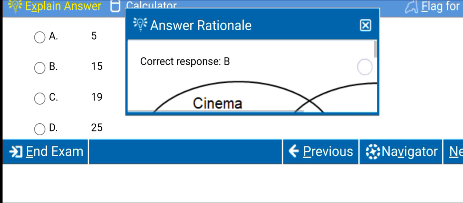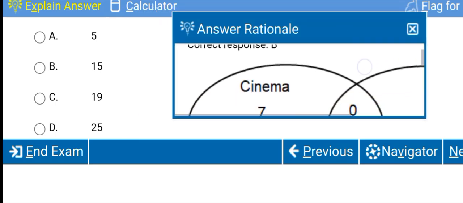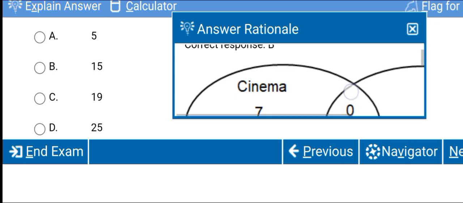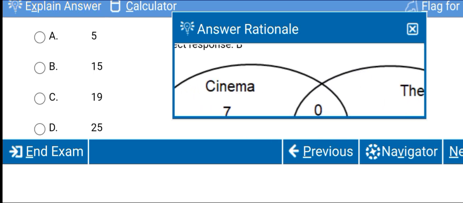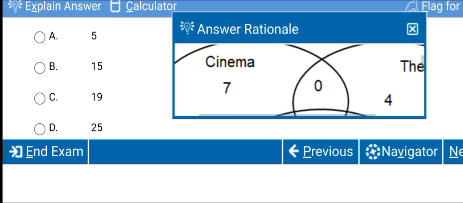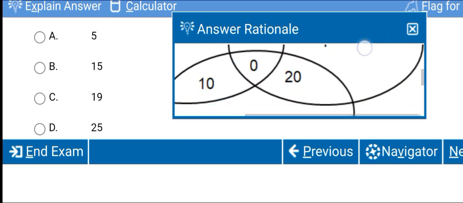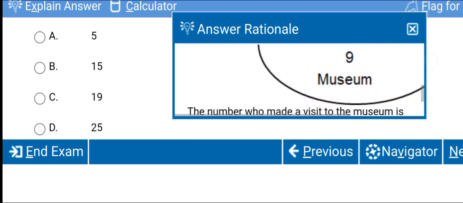So the correct response is option B. This represented the diagram: cinema, then we have theatre, and then we have museum.